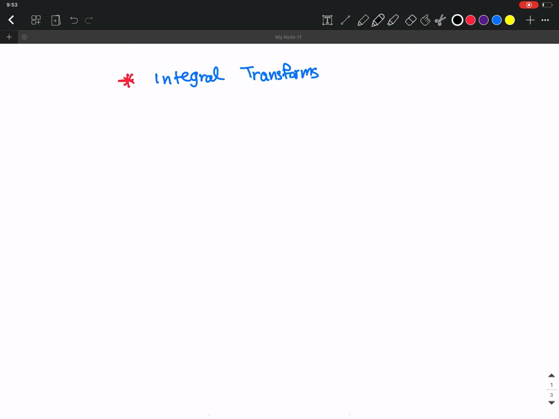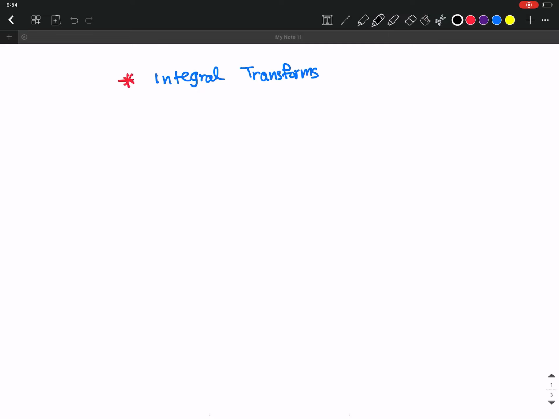So before going to how we can use these integral transforms, and especially Fourier transforms, I'm going to give you a brief introduction of what and how these integral transforms are used in solving partial differential equations.